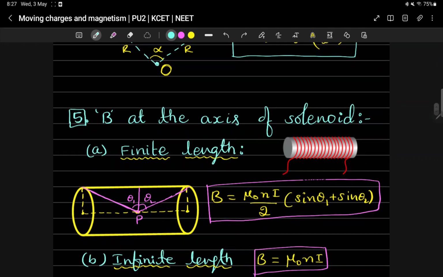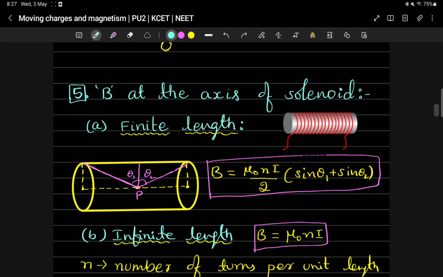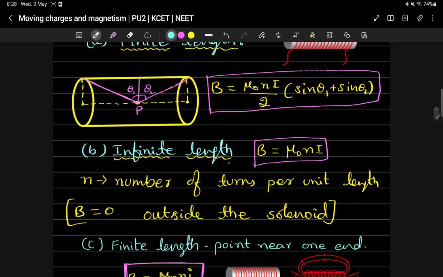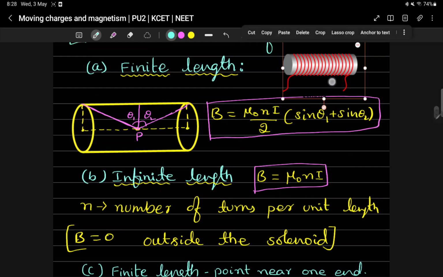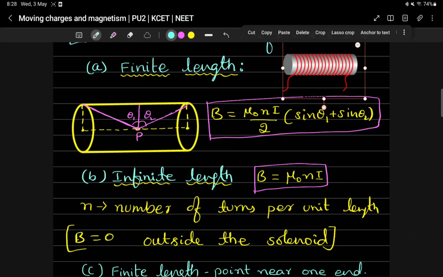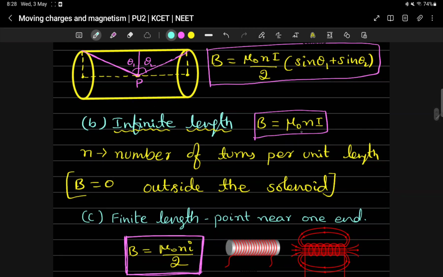Then we have the solenoid. The magnetic field at the axis of the solenoid, or inside the solenoid along its axis, is given by mu naught N i divided by 2. This is for finite length. If you have finite length, you have to take sin theta 1 plus sin theta 2 as we have considered for a conductor, mu naught N i divided by 2. Then if you consider an infinite length solenoid, see, a solenoid looks like this. If you consider a solenoid of infinite length, then the magnetic field becomes mu naught N i.